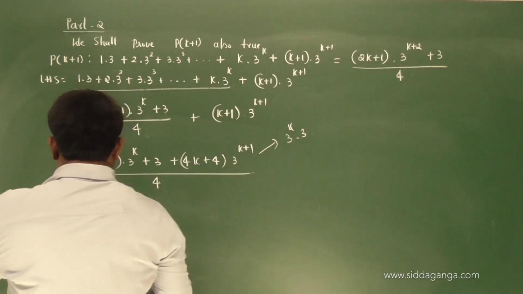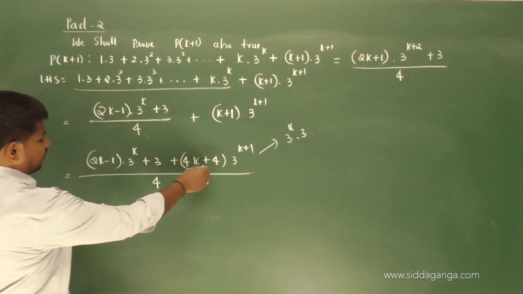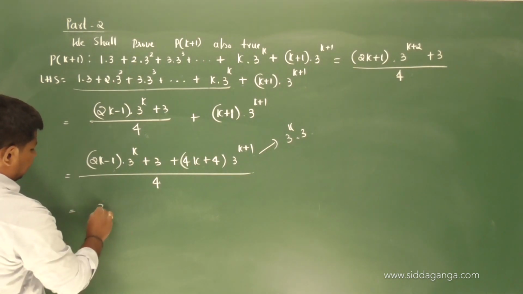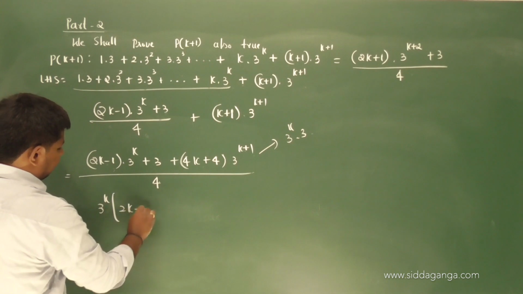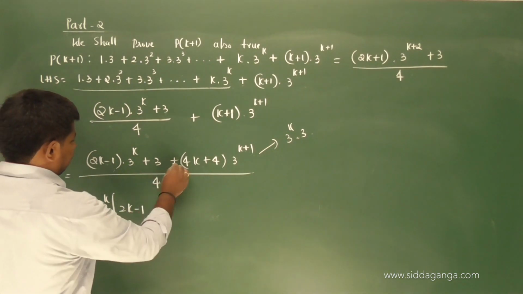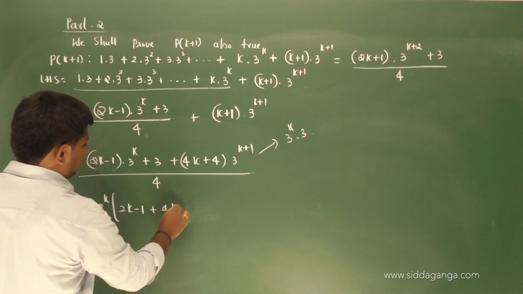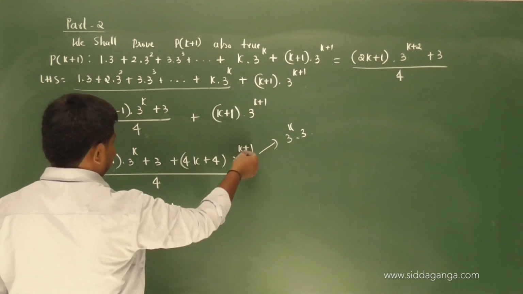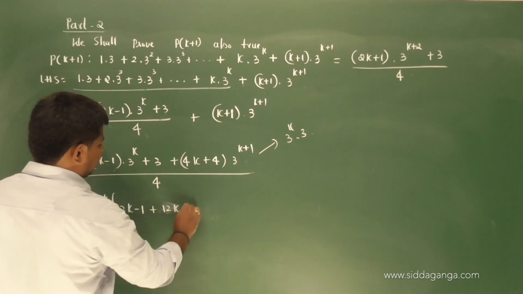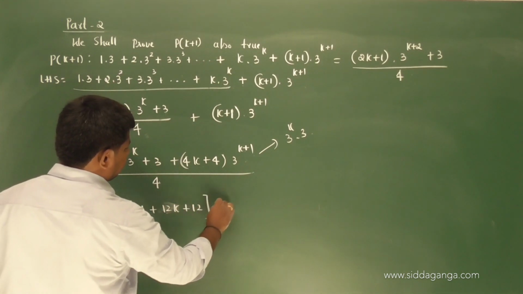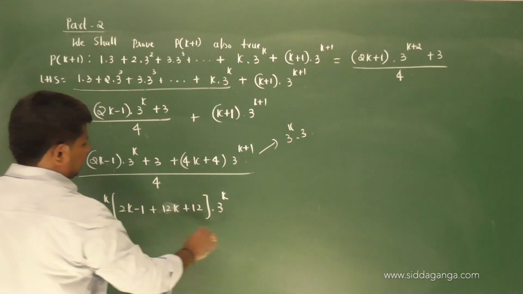So when I take 3 power of k from these two terms, what is remained? 3 power of k I have taken outside. What is remained? Here you get 2k minus 1 plus, so here we have 4k into 3, so 12k plus 12 into 3 power of k plus 3, right, at last.